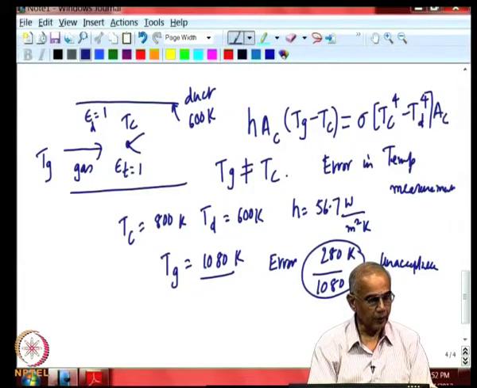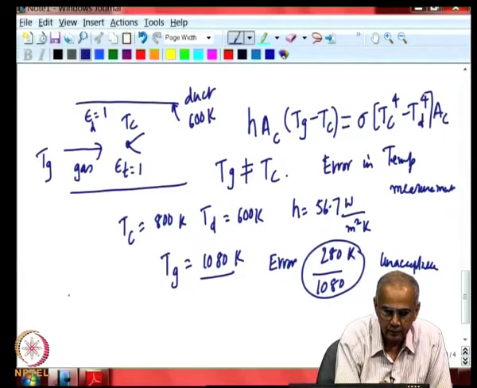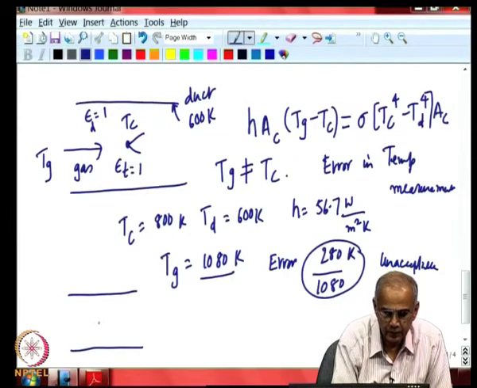Hence, what can one do to reduce this error? One way to do it is to shield the thermocouple.